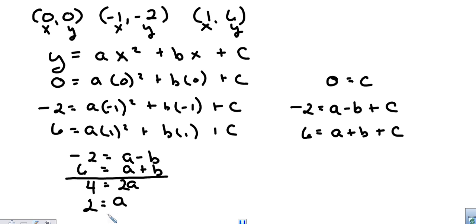So how do I figure out what b is? Well, I can go back to either one of these equations. And if I know here that 6 equals a plus b, if a is equal to 2, well, what's b? If 6 is equal to 2 plus b, then it should be fairly obvious that b is equal to 4.